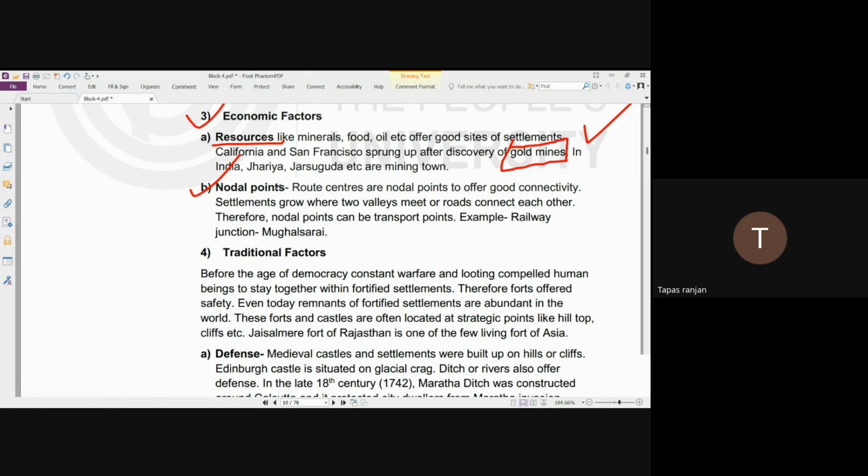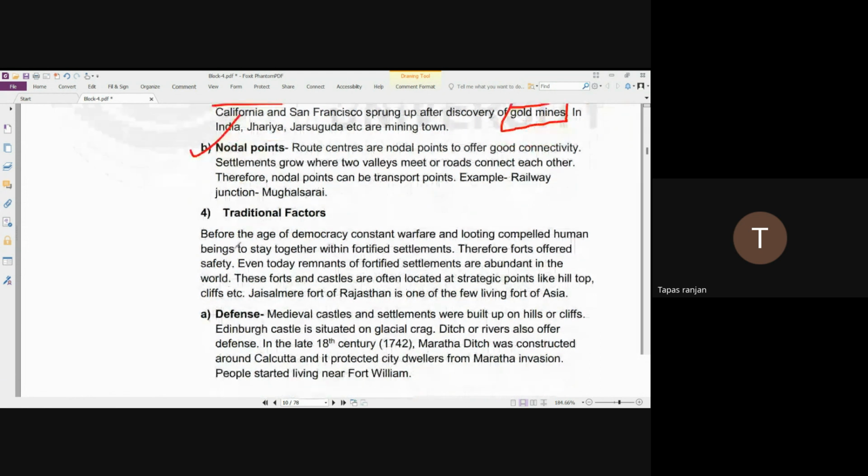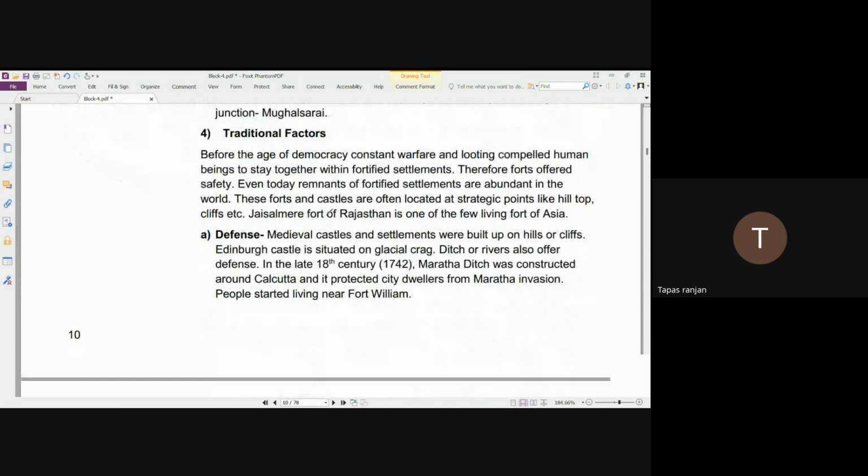Then what are the different traditional factors? Traditional factors are just like defense. Okay, so classically, if we look into the settlement patterns of the rural villages or the city areas, they basically looked into the security, and they built different forts.